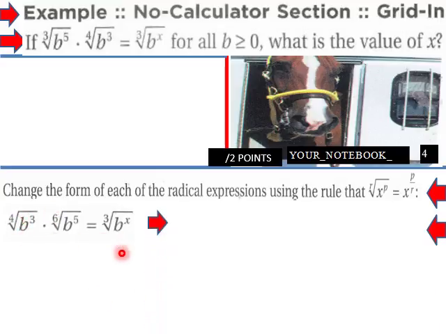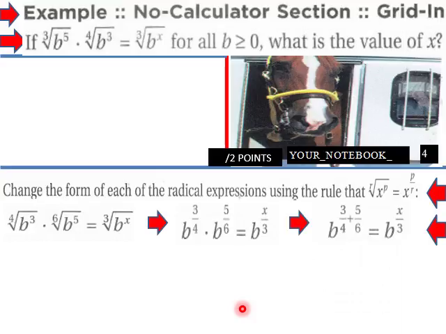Here are radicals; we're going to use the pattern up here. And this equals b to the x over 3. Then we add our exponents: 3/4 plus 5/6 equals x over 3.